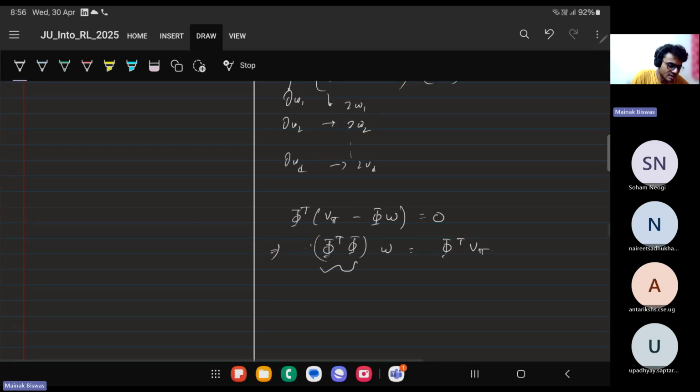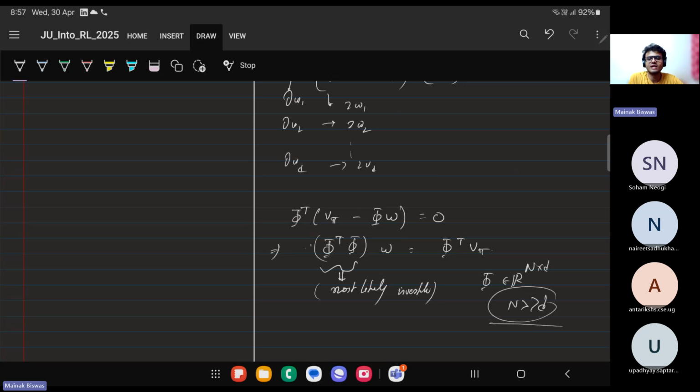And this is most likely invertible. Why? Because phi is n cross d, where n should be very, very larger than d, which sort of guarantees that if you have a lot of rows, it's a full column rank matrix.